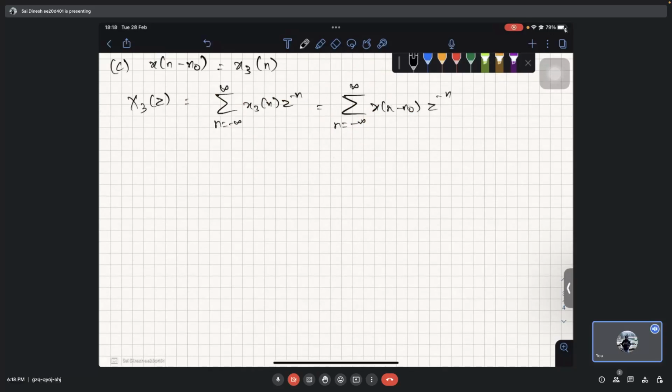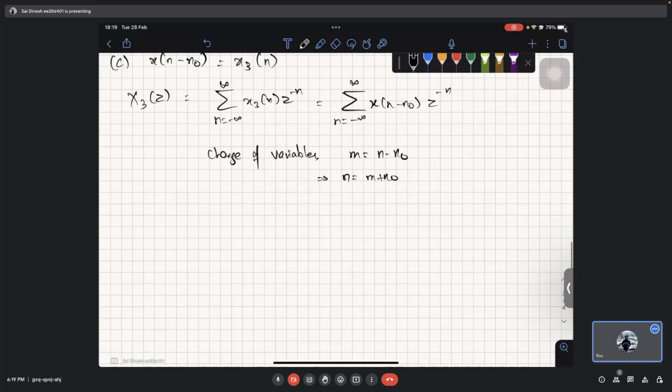Now what do we do here? Again we need to bring it to the form of x(n) times some other z tilde. So now we apply a change of variables, where m equal to n - n0, which implies n is equal to m + n0. Right?